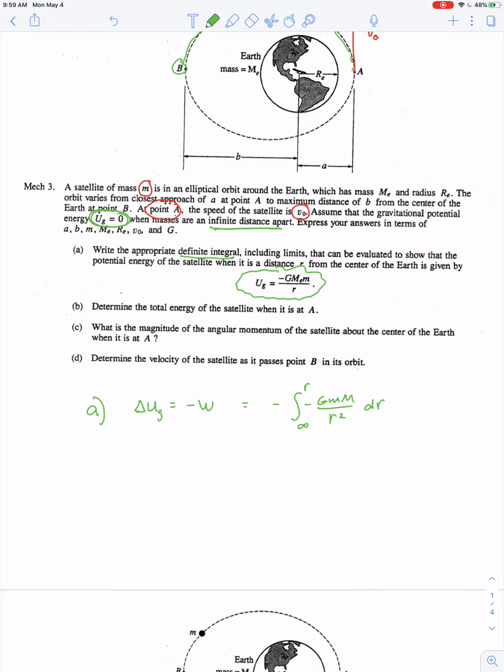The negative signs then cancel out, and so we just have to evaluate the integral of GMm over r squared dr. And that's good enough. Write the definite integral that can be evaluated, but no instructions are given to evaluate this. But we know if we evaluate it, we're going to get this as the final answer.